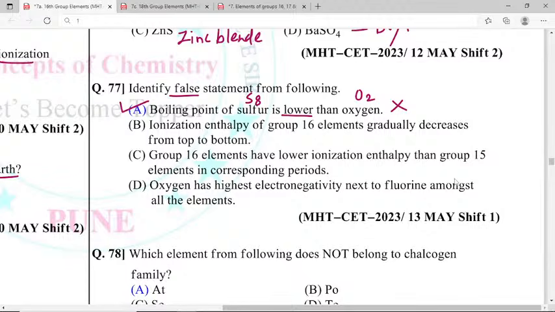Boiling point of sulfur is lower than oxygen. This is incorrect. It is higher because of molar mass; sulfur has a higher molar mass as compared to O2. Ionization enthalpy of group 16 gradually decreases from top to bottom. Oxygen has the highest electronegativity next to fluorine amongst all the elements. Correct.